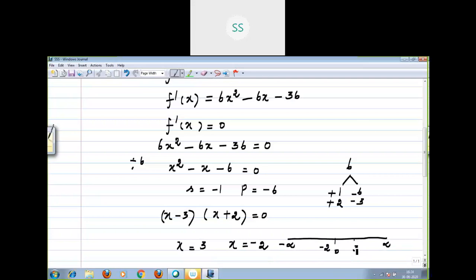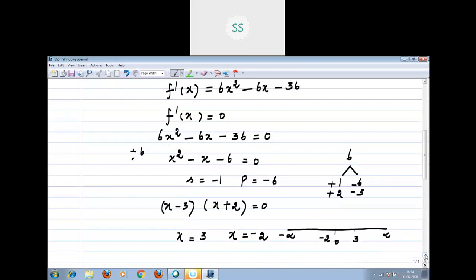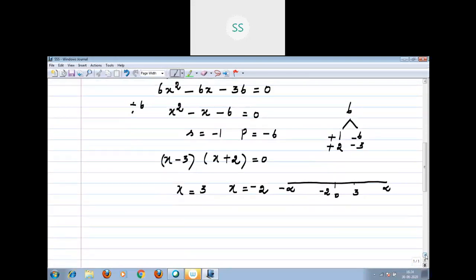Now I am going to split the interval. When I split the interval, it will give you 3 parts: minus infinity to minus 2, minus 2 to 3, 3 to infinity, right? Now I am going to write: the real line divides into 3 disjoint intervals.